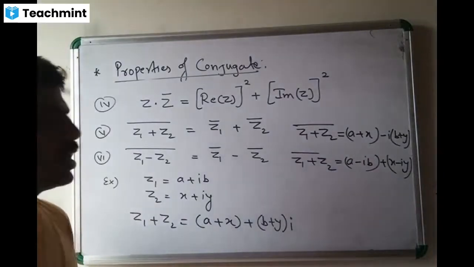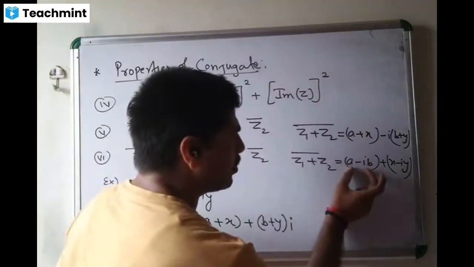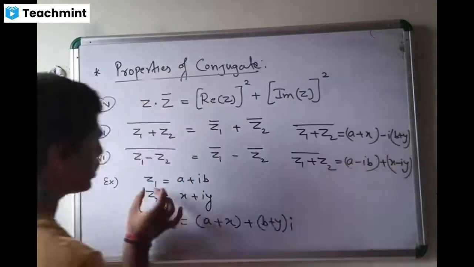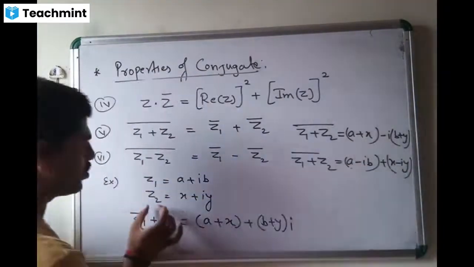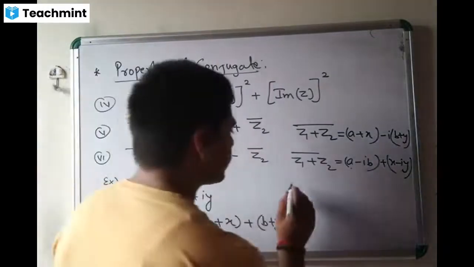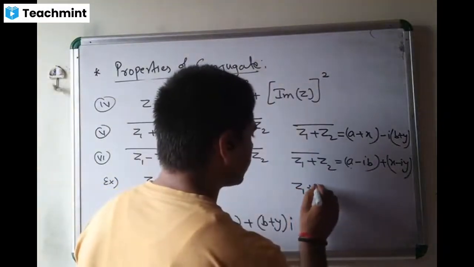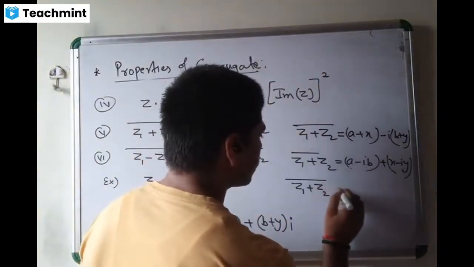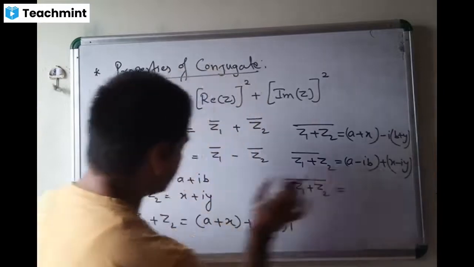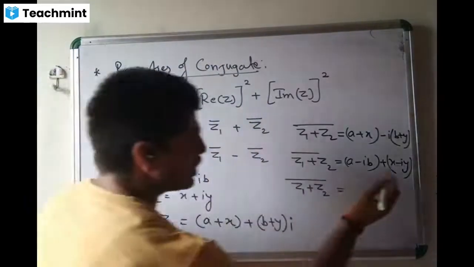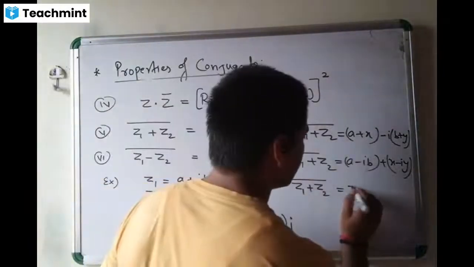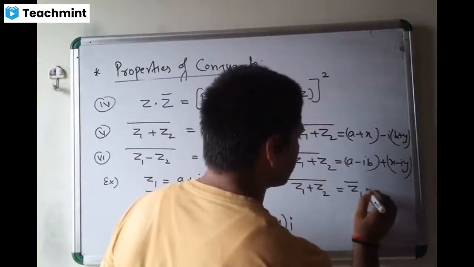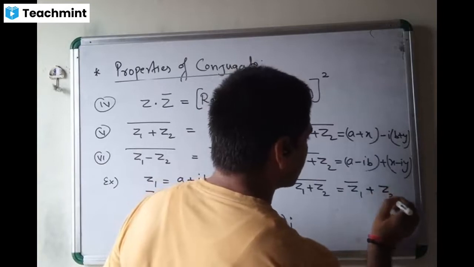This A minus IB is the conjugate of Z1, and this X minus IY is the conjugate of Z2. So you can write in this way: conjugate of Z1 plus conjugate of Z2.